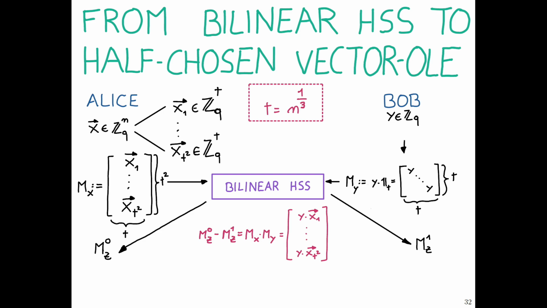If we let Bob's instance define the row and the index of Alice's instance define the column, then we find that all these dot products give the entries of the matrix product Mx times My. And since My is a multiple of the identity matrix, this just scales every entry in Mx by the same scalar y.